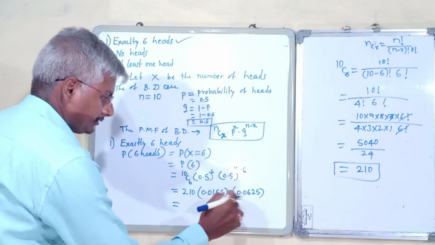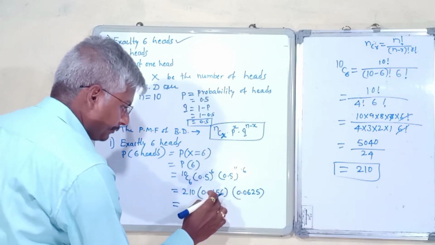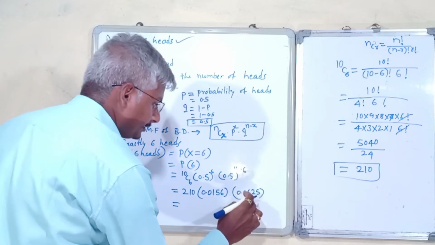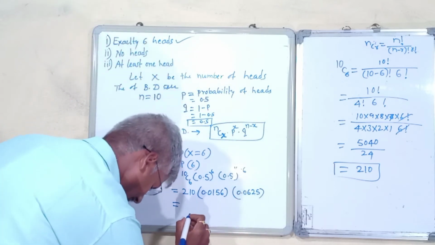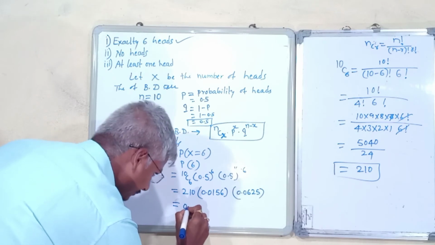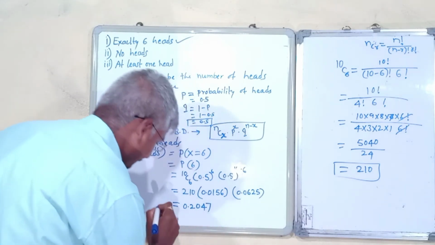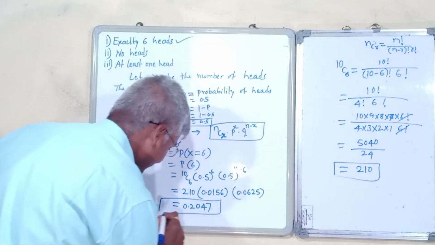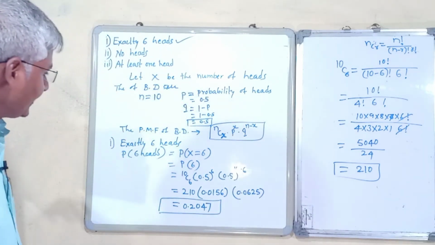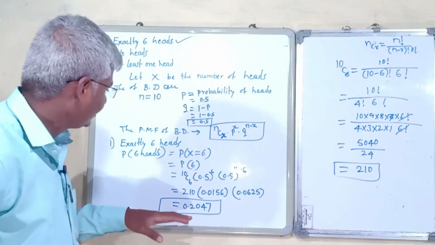Then if you multiply all these, 210 into 0.0156 into 0.0625, you will get 0.2047. So this is the answer: exactly 6 heads.